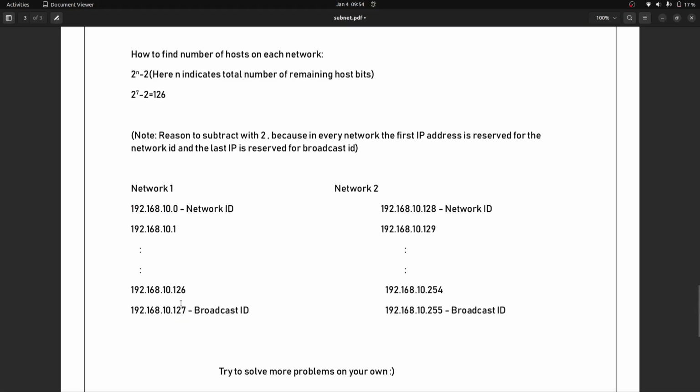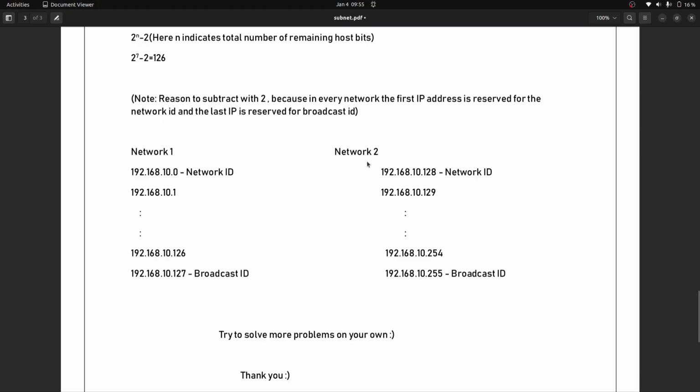In this way we can have 128 host addresses, but the first one is reserved for the network ID and the last one is reserved for the broadcast ID. So the remaining 126 can be usable hosts. This is what we found here.